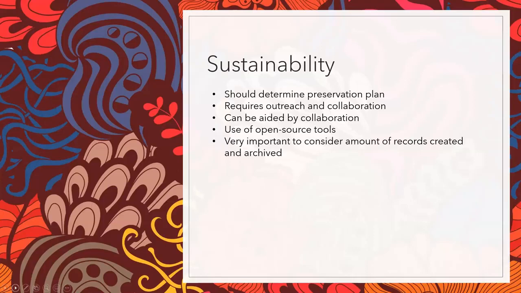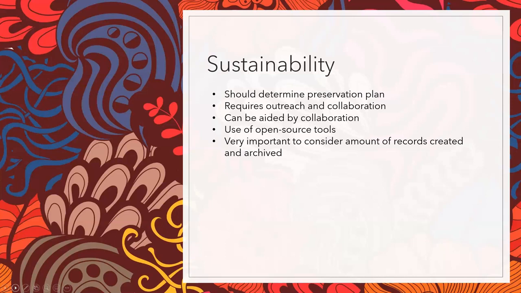So when you're thinking about sustainability, it's very important to consider the amount of records created and archived. As I mentioned before, there can be a ton of electronic records out there, and you should really think about that when you're thinking about sustainability.